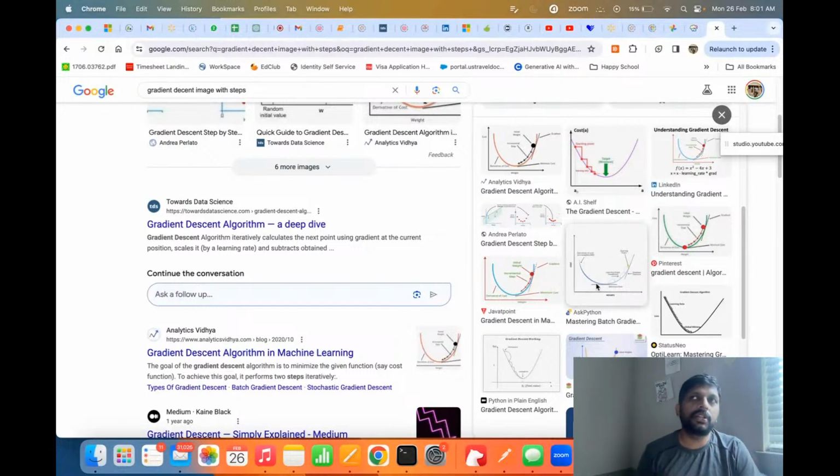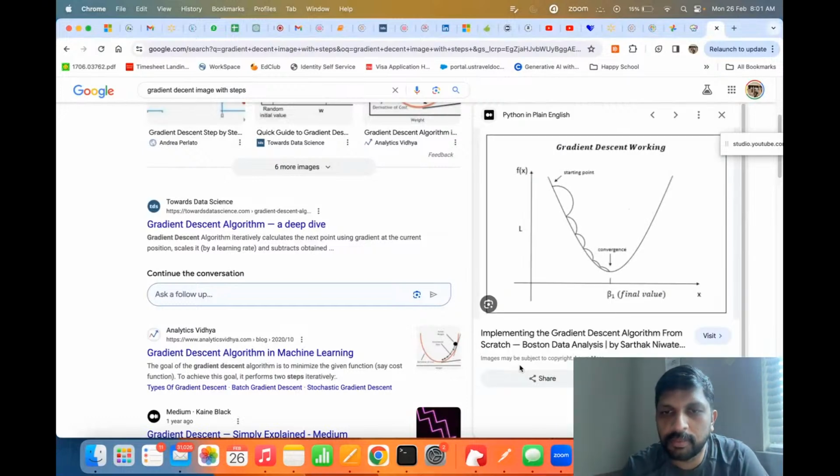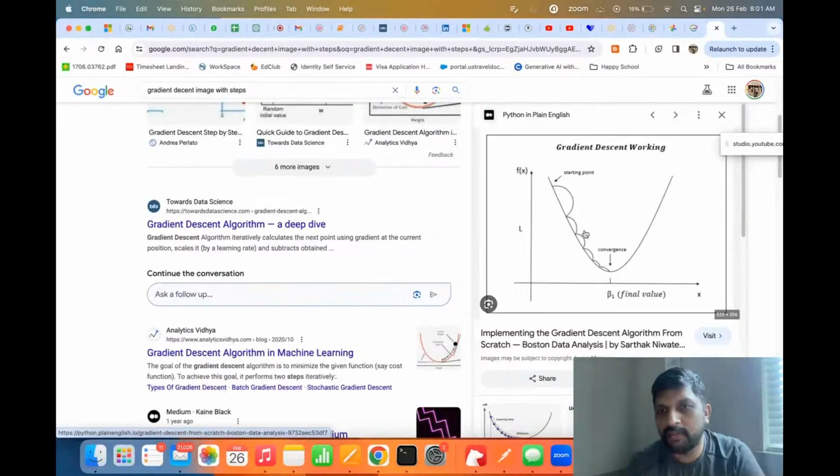I will not get into the details on how we can relatively pick an alpha rate. Alpha means learning rate. But it would technically decrease, so that the initial steps, as you see in this image, the initial steps from the starting point will be higher, and when you come closer to the convergence, it'll get smaller.